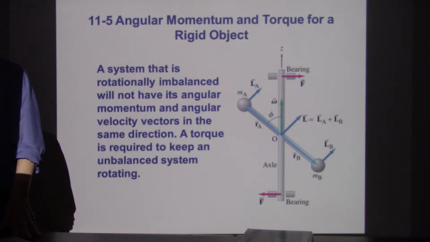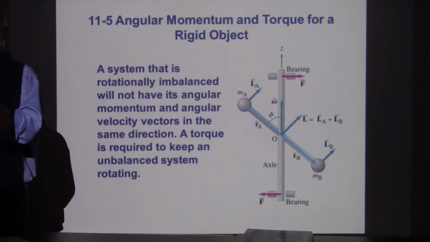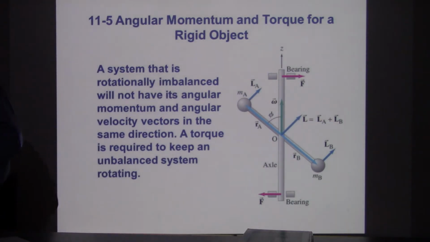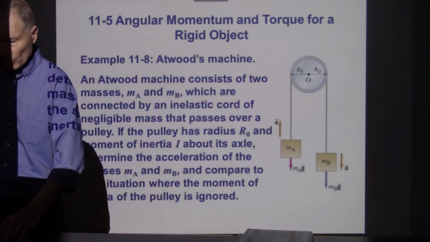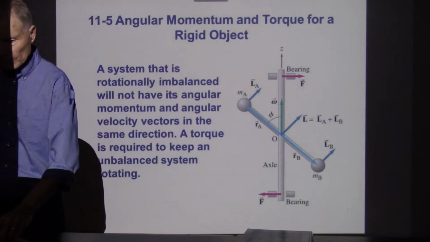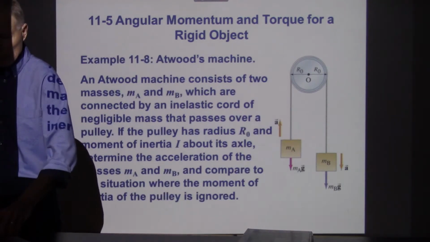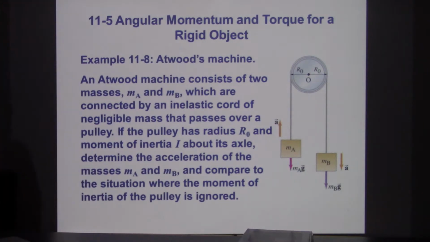When the car is driving and the wheels are rotating, they naturally rotate around that axis instead of having to have a constant force or torque coming from the bearings in order to keep the wheel rotating in that direction. So this is balancing, making sure that the objects are balanced.